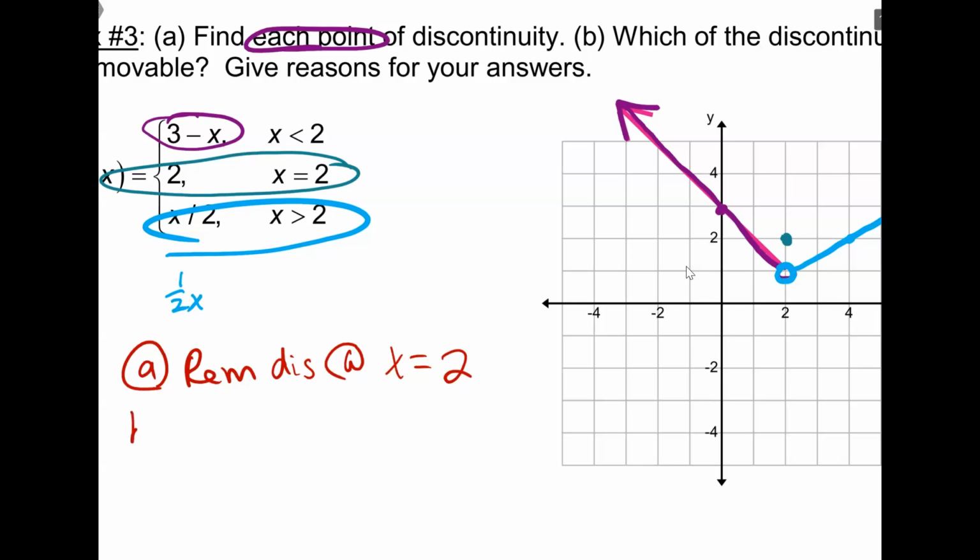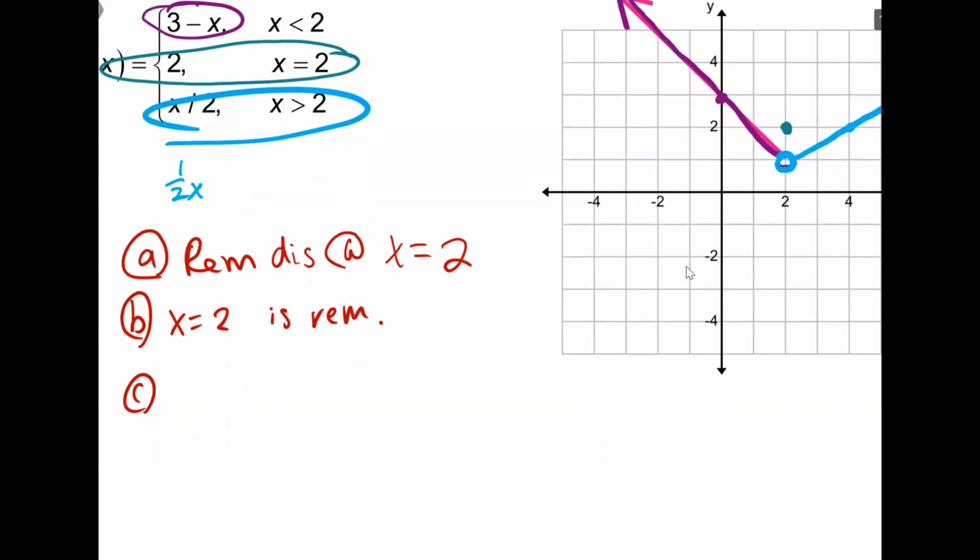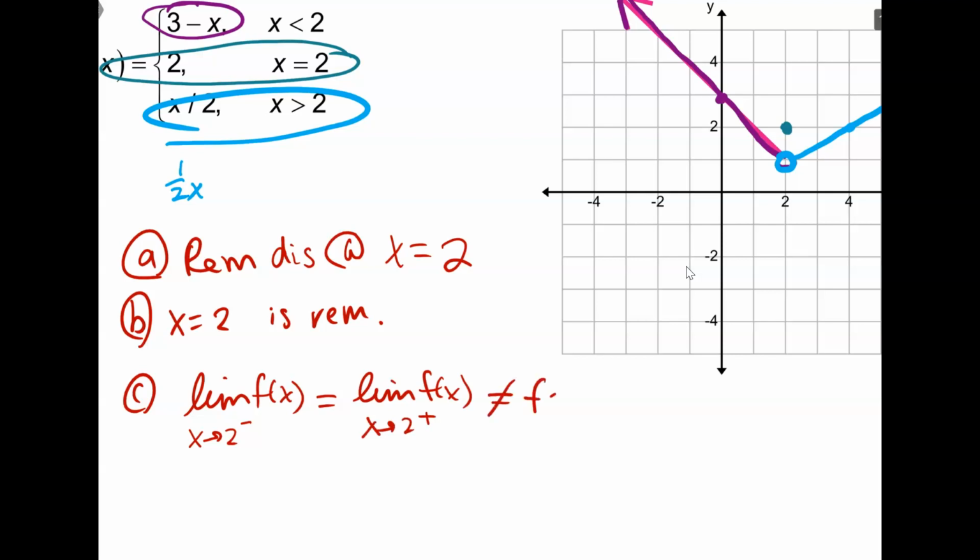X equals 2 is removable. That's it. And then give reasons for answers. We can say the limit of f of x as x approaches 2 from the negative side is equal to the limit of f of x as I approach 2 from the positive side, but it is not equal to the value of my function at 2.